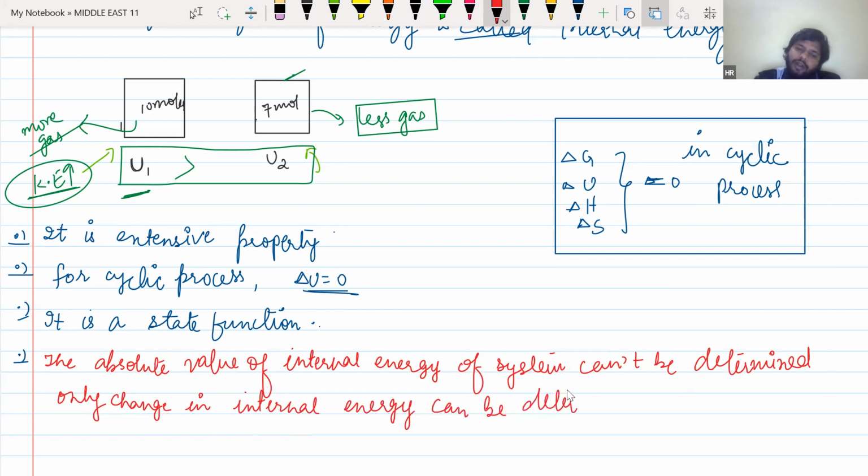So we always find the change in internal energy. Is that clear, everyone?